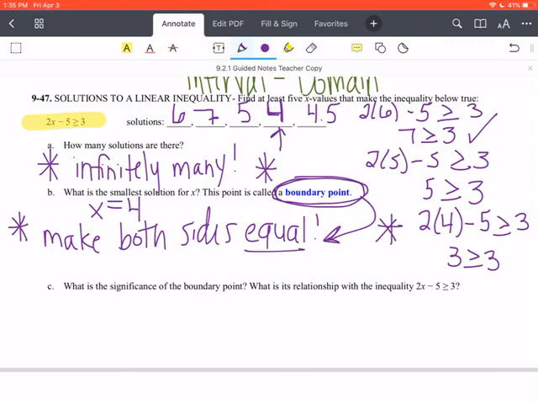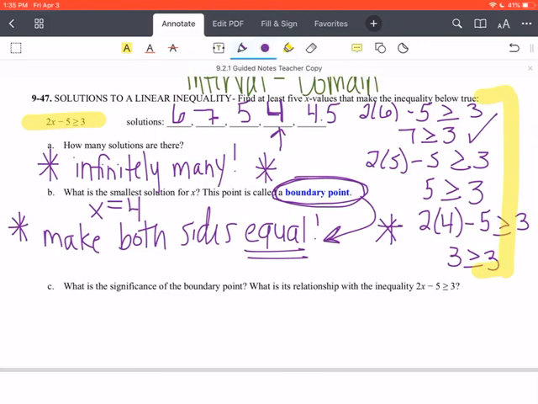So we want to take advantage of that because we have been working with equality this entire year when we solve equations. I'm going to show you how, instead of using guess and check up here, we could have done this systematically instead of trying to figure out what value is going to get us to our boundary point.